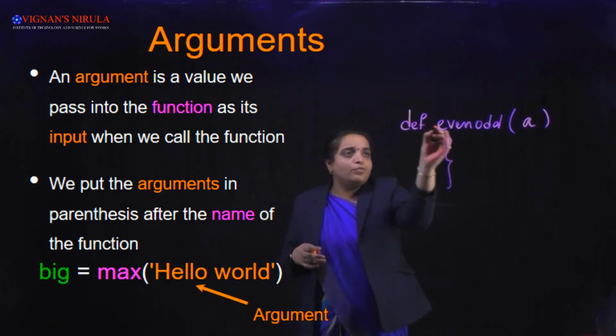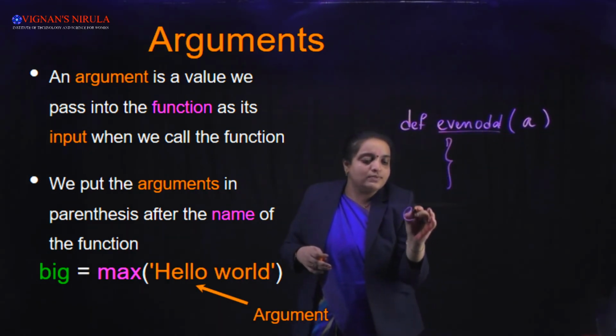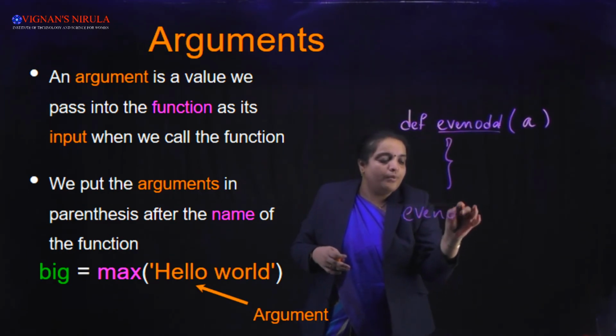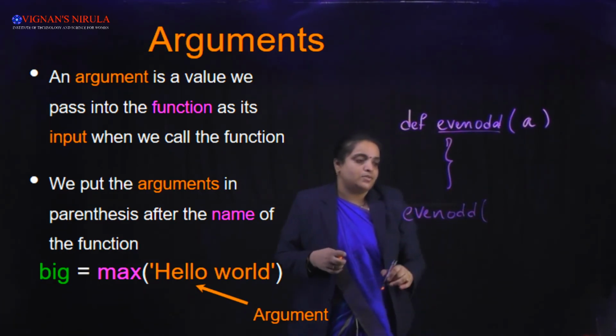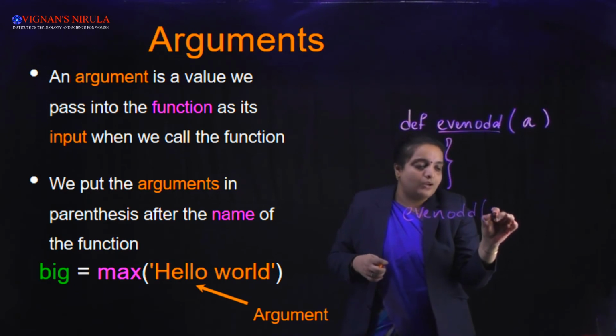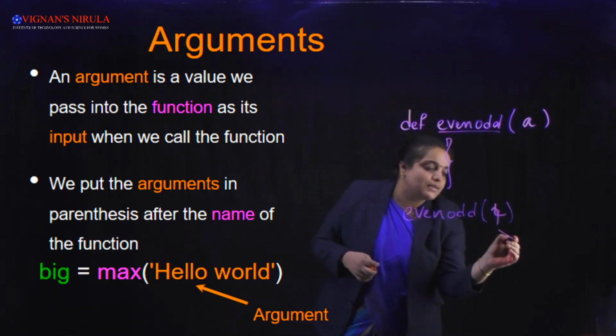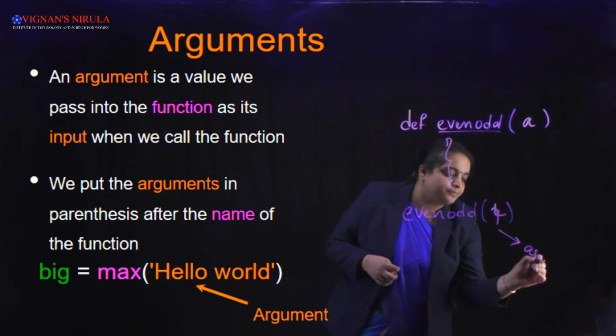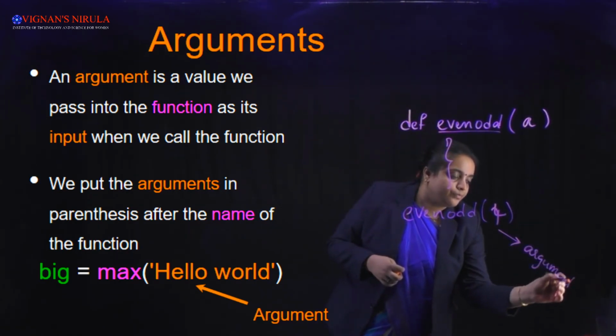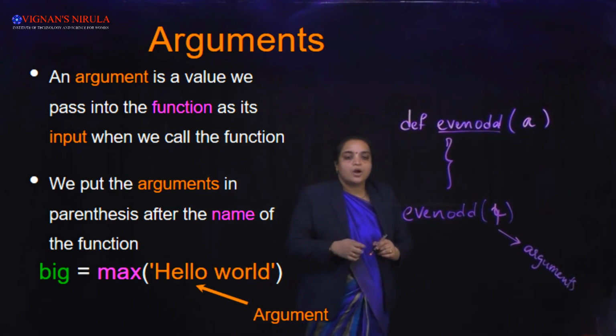So how do you invoke this function? You invoke this function by even odd of the parameter. So here you will give the value, that is, say, 4. If you give 4, you call this as arguments.